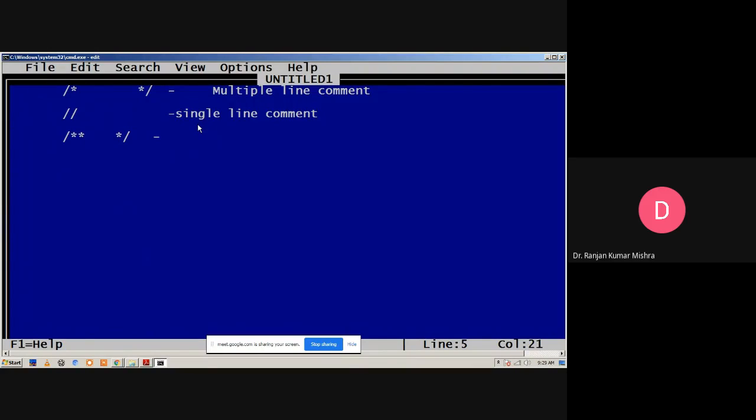Now suppose we write a statement here: int i = 10, and then string str = "hello".